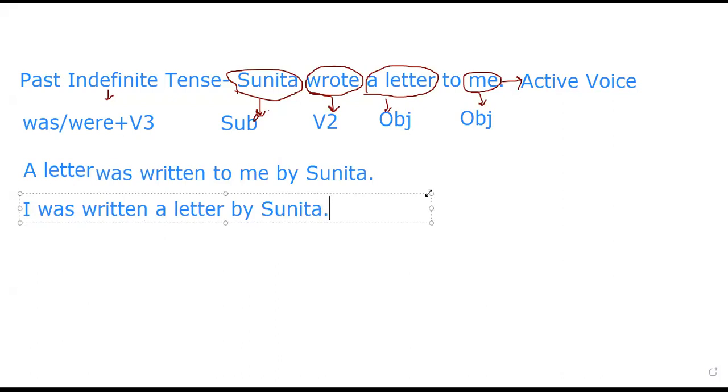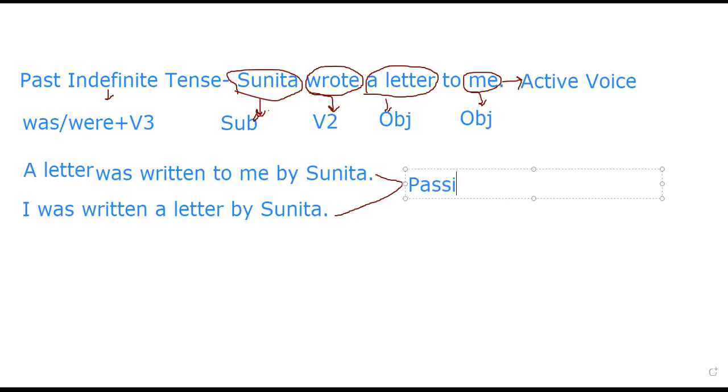Both these sentences are examples of passive voice only, by using different objects.